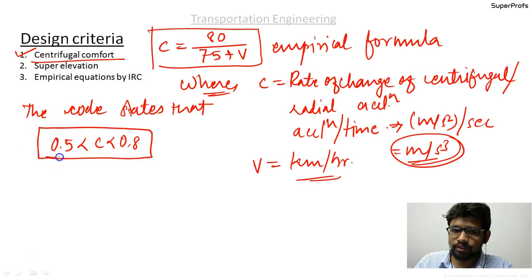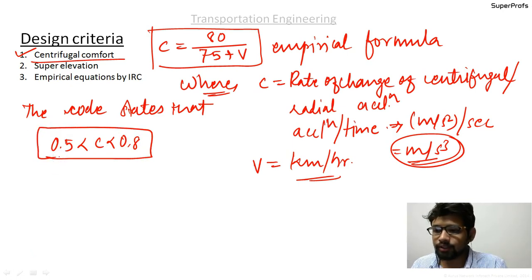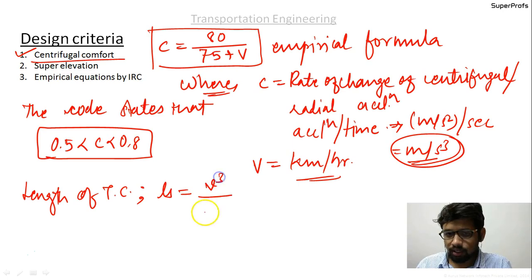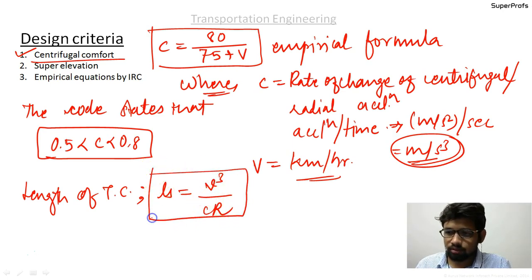You should always check this value, and if it is out of this range, you should adjust it. Afterwards, using C, the length of transition curve is given by Ls equal to v cube upon C r, where here it is small v.